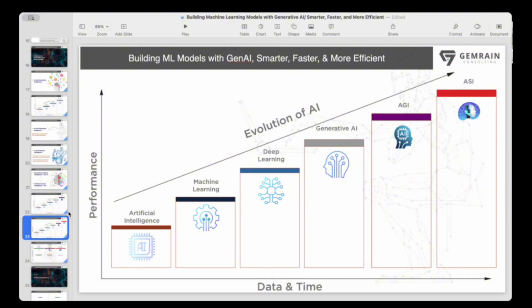AGI is about building a model that is going to do multiple things, like how a human does multiple things. We can drive a car, we can cook, we can do coding, we can exercise, we can think, we can do lots of things in our daily routine. We can be a graphic designer, a programmer, an architect, an engineer, a medical doctor, a lawyer.